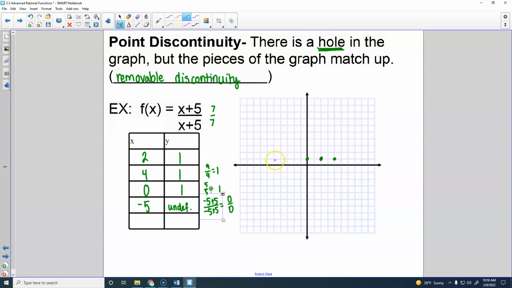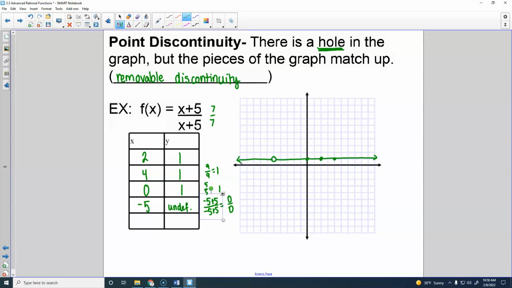So right here at negative 5, what happens is I get a hole in the graph. If I'm graphing it by hand, I'm going to show that by using an open circle. So what really happens is this graph should just be a horizontal line everywhere except for at that one single point where it has to be undefined because your denominator equals 0.